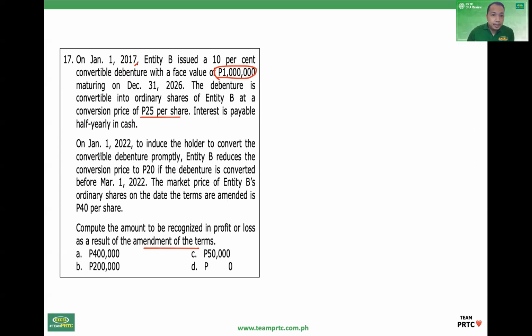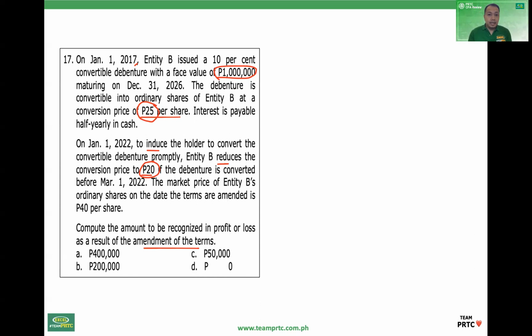After 5 years, to induce the holder to convert the convertible debenture promptly, Entity B reduces the conversion price to 20. So ang original 25, each 25 peso bond, 1 share. So ginawa na lang 20 para ma-induce yung holder na mag-convert na lang.